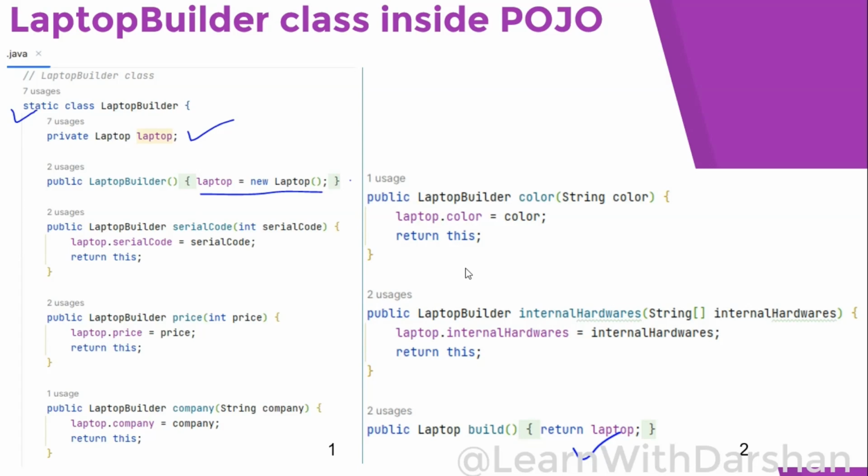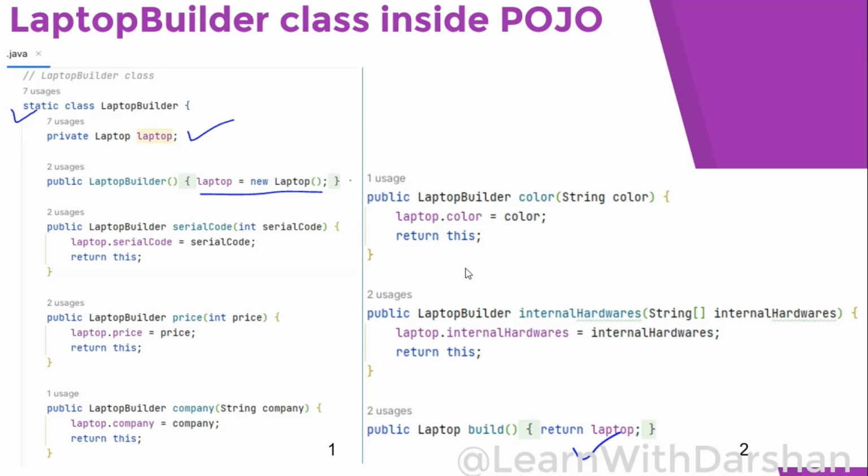In every method, like serial code, we are accepting the serial code from the user or from the system, and we are assigning it to the variable of our laptop instance. And in the build method, we return the laptop object that we have created with the help of these methods, or whatever methods you require to create your object.